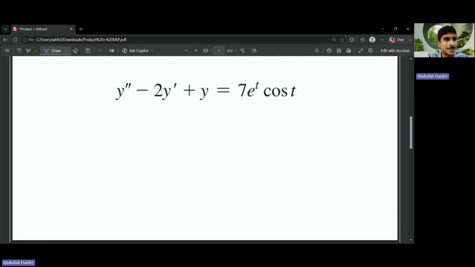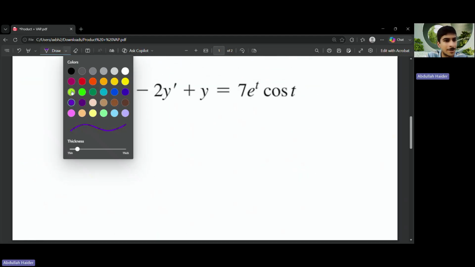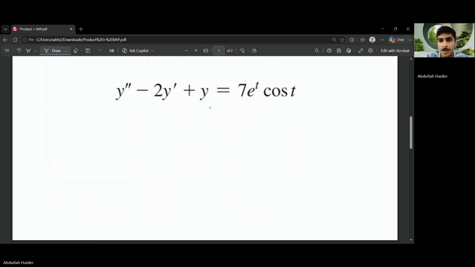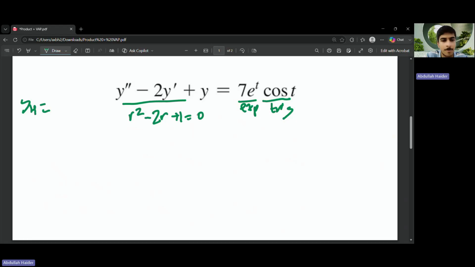Finally, our last case, and this one you need to memorize something. You have exponential and you have trigonometric. We first find our YH. So this will be r squared minus 2r plus 1 equals 0. R equals 1.